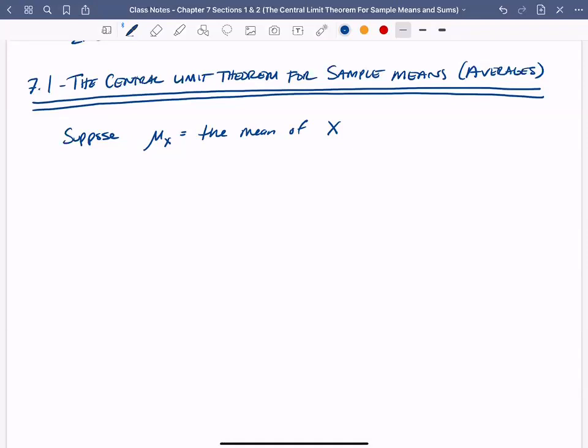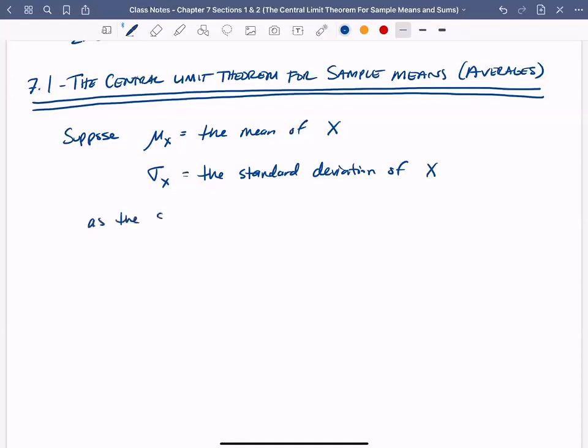We also have now our sigma sub x, which is the standard deviation of x. And so I'm going to say it again.